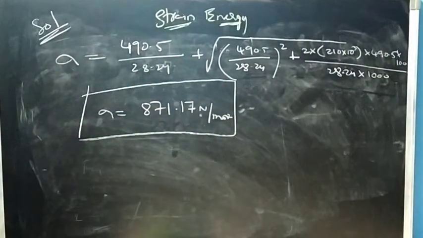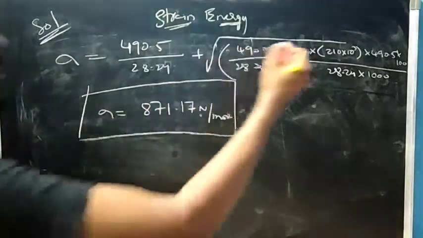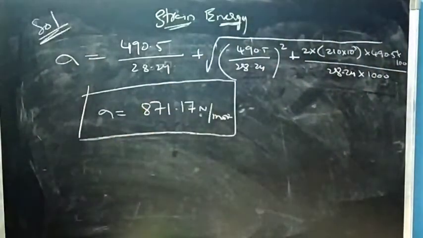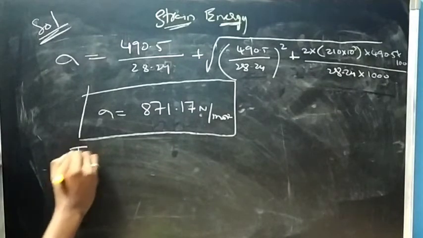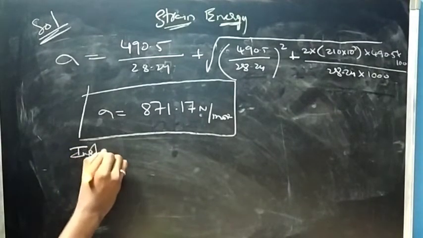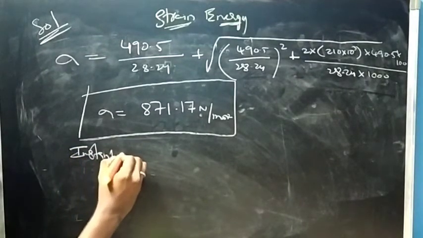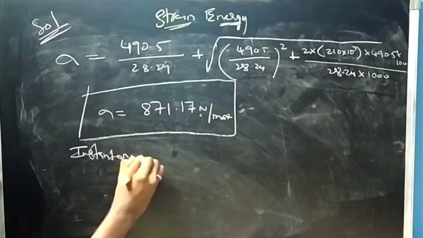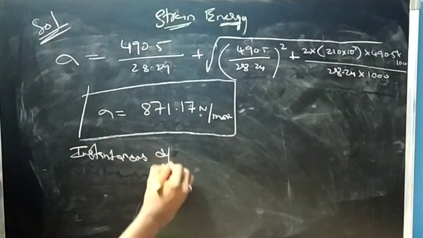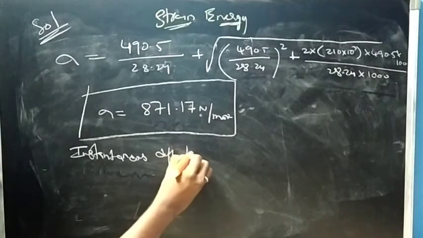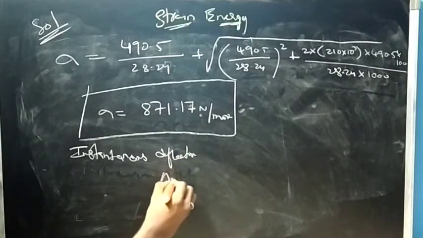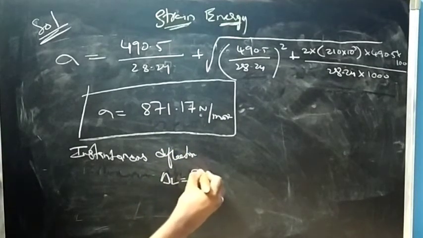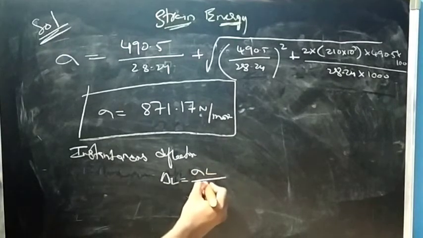So now we'll try to see the instant deflection or instant elongation, right? So instantaneous deflection, that is delta L equals sigma multiplied by length upon Young's modulus.